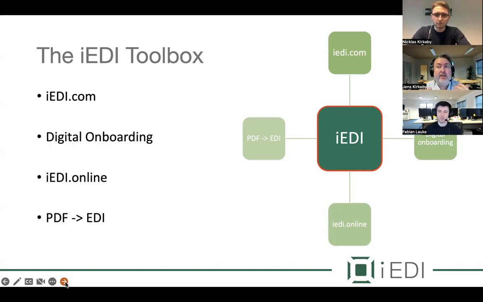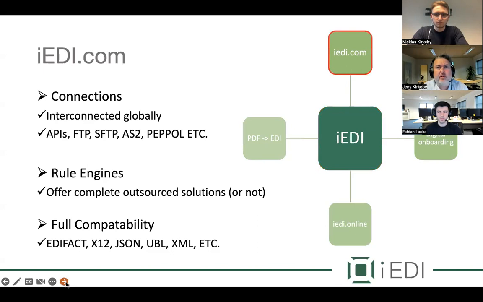And to name a few products in the toolbox, I could mention the IDI account managed IDI solution, which covers all the different kinds of formats. And you might hear in your daily operations people asking for AS2, FTP, whatever.